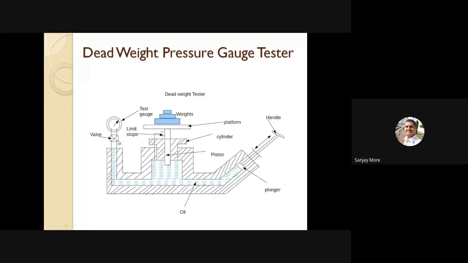This pressure is displayed on this dial gauge. Here, to maintain or balance the weight and this dial gauge reading 0, they are calibrated in such a manner. Okay, this is the construction.